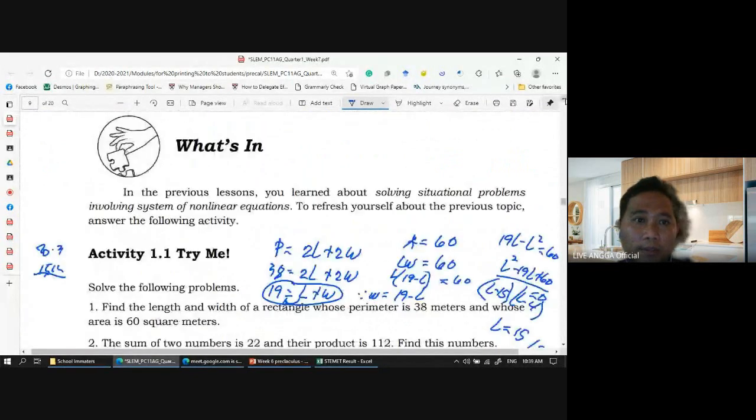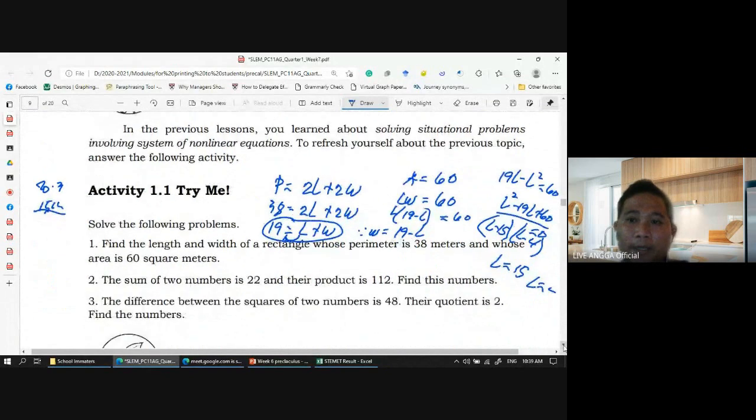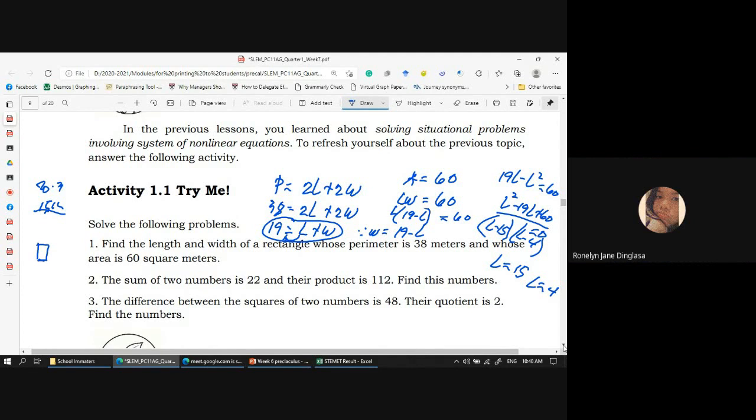Okay. Ano ba yan? Ang question nito, bakit siya related sa series? Kung lalaki ba ang area, lalaki din ba ang perimeter? As the perimeter increases, the area also increases? Yes, sir. Depende.